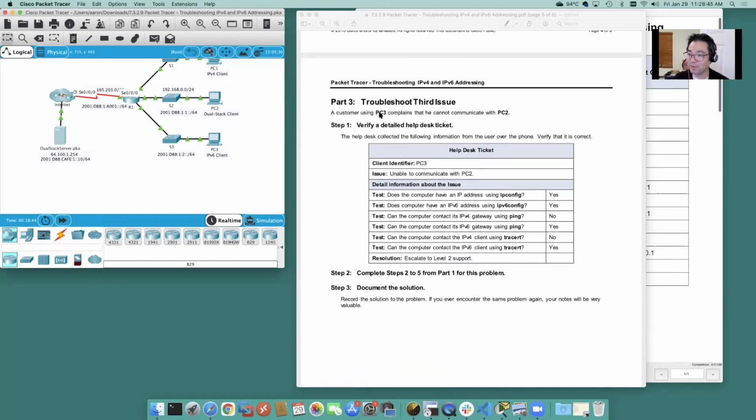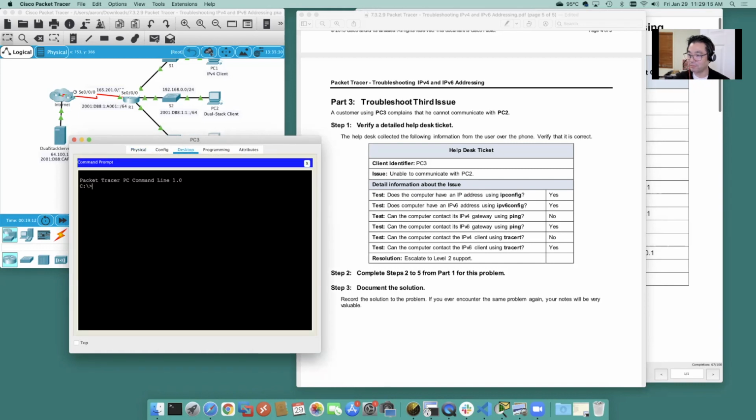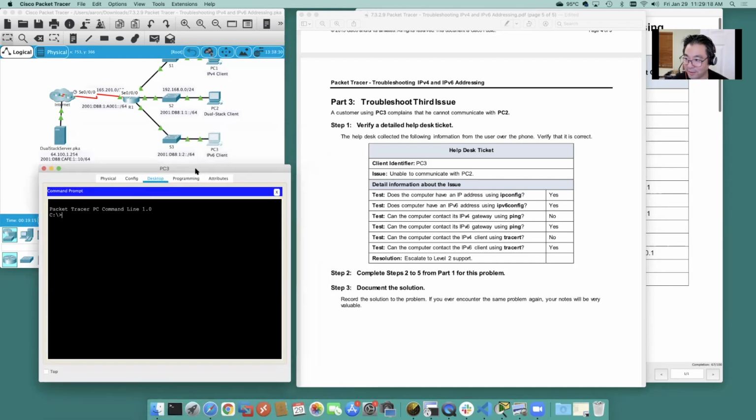Customer using PC3 complains that they cannot communicate with PC2. So PC2 here is IPv4 and IPv6. Okay, PC3 is IPv6. First of all, are they trying to communicate via IPv4?